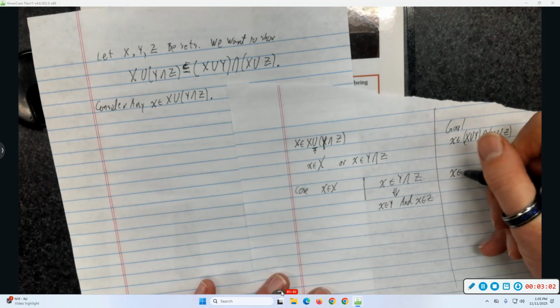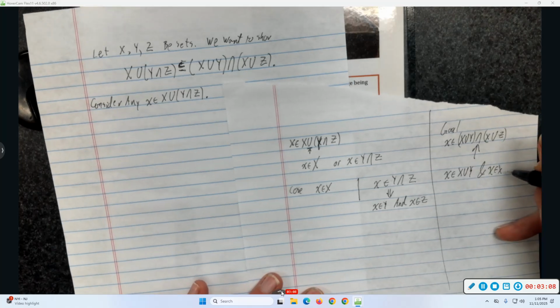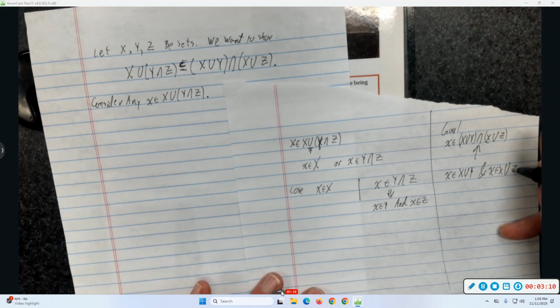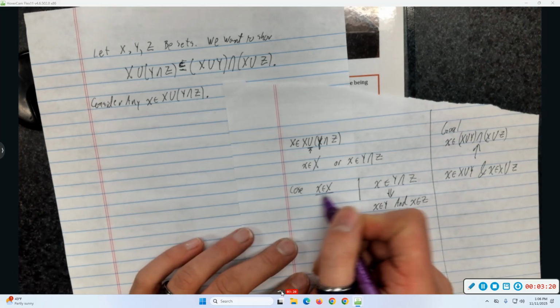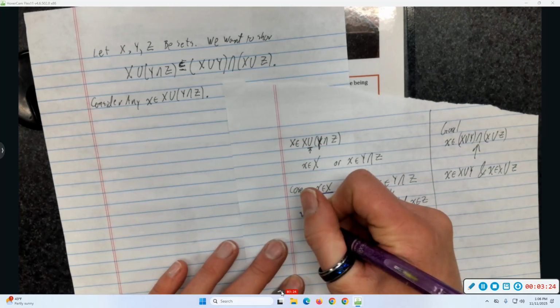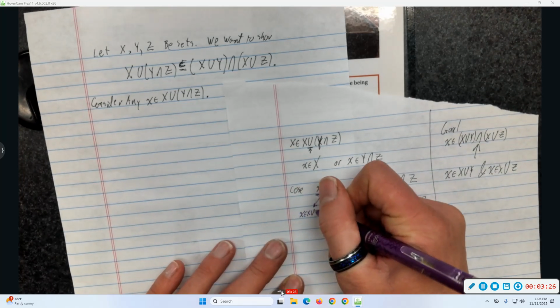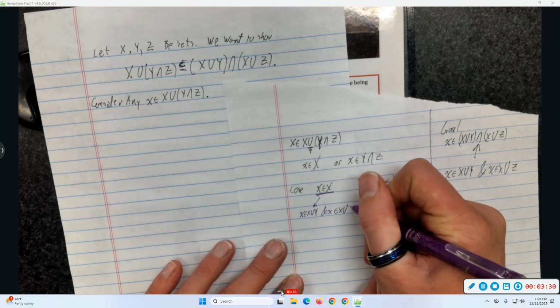I need to show that x is in X union Y and x is in X union Z. Now I can look at what I got and try to get some ideas. In one of the cases, I know that x is in X. Oh, cool, wait a minute, that means that x is in X union Y and x is in X union Z.